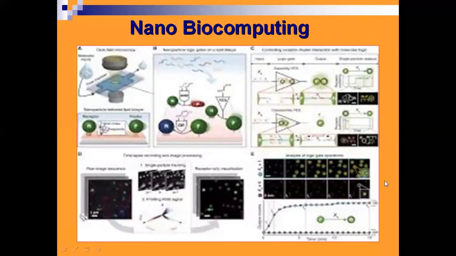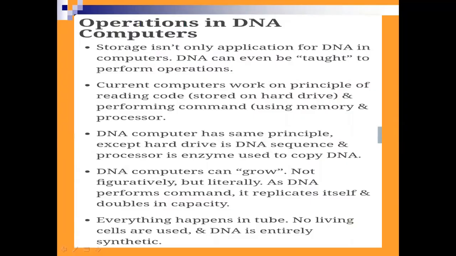In an ordinary conventional computer, all this work is done by silicon-based components. Now, the operations in the DNA computer: how to do some work in a DNA computer, and the steps involved. Storage is not the only main application for DNA in DNA computers. DNA can even be taught to perform other operations also.